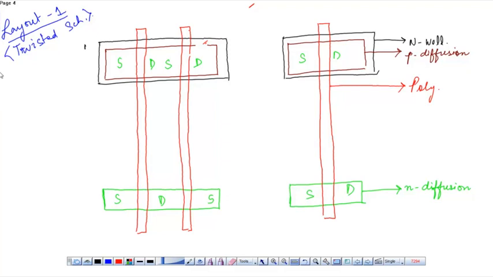So now the source is connected by the help of metal to VDD. This is VDD, and the source of the inverter is also connected to VDD.